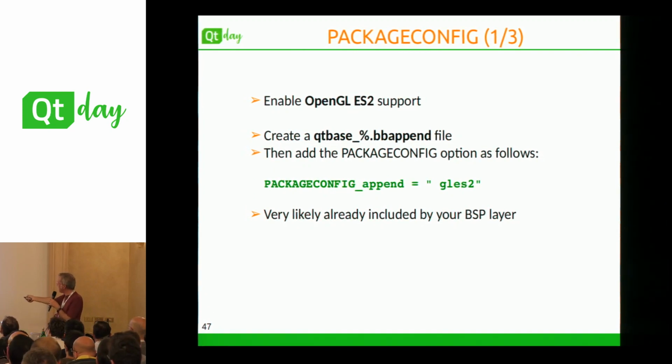And I say I want to add to the configuration of the system support for the graphical acceleration system. Very likely, it is already included in your system, particularly if you are using Toradex, just to name one.